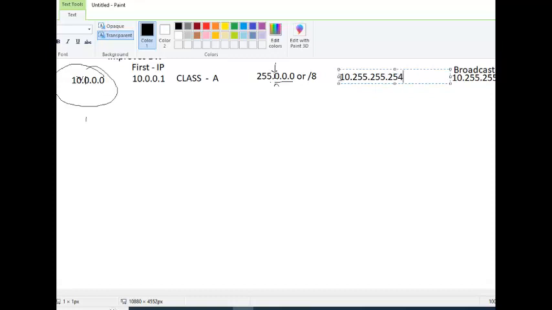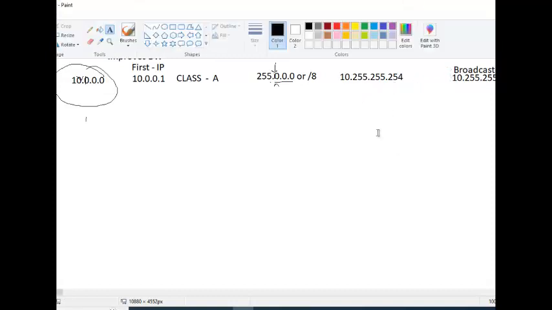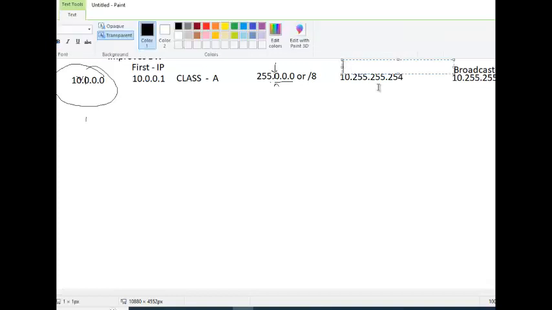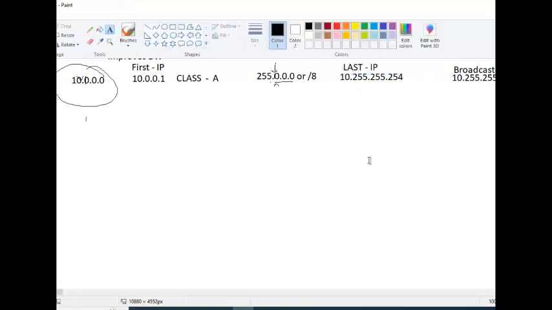This is the last IP. So for any network you take, there will be a first IP, a last IP, and a broadcast. When you do subnetting, for each subnet there will be a first IP, last IP, and broadcast IP.